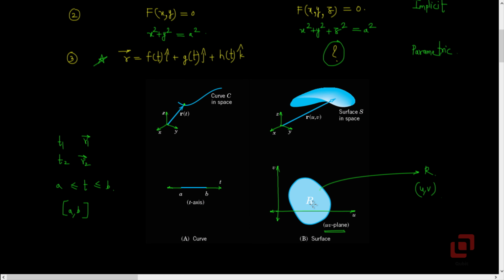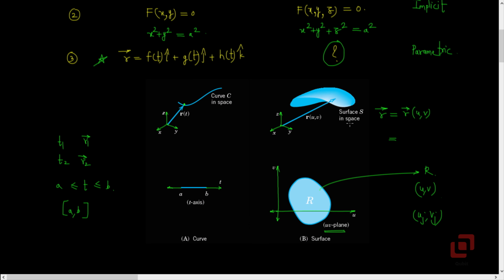If we now consider any one point in the region R, let's call it (u_j, v_j), there will be a corresponding point on the surface in space. In other words, the position vector r bar is now going to be a function of the parameters u and v.